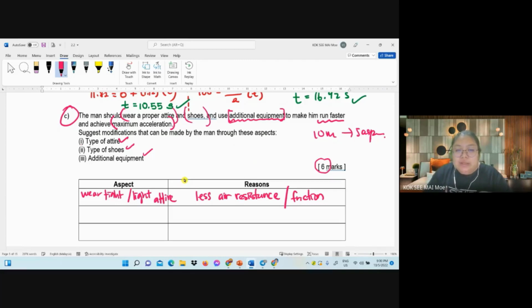Okay, number 2 is the shoe. For the athlete, the shoe must be more stable. Okay, they must grip on the ground, 比较稳一点. So this one you can get some different answers. Depending on your answer, is it logical and also correct? They will accept. So I give you a general answer.